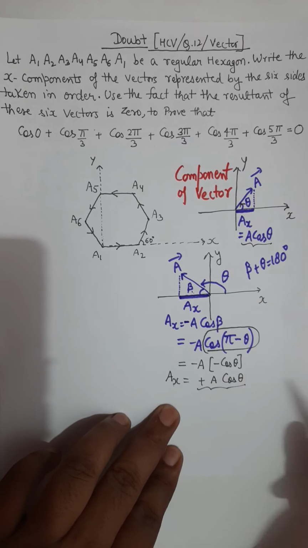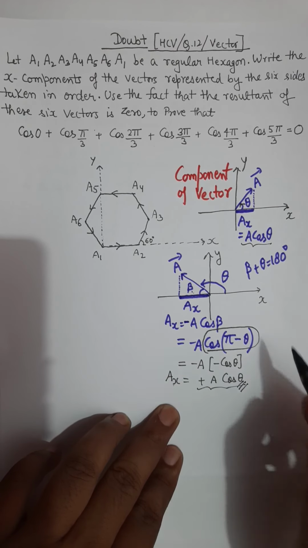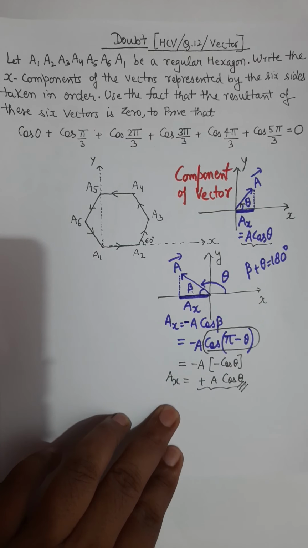Here also it is a cos theta, but the condition is that angle theta is always measured from the positive side of the x-axis in the anti-clockwise direction. Right? So if you measure the angle of the vector from the positive side of the x-axis in an anti-clockwise manner, then you can always write the x component as a cosine of theta.